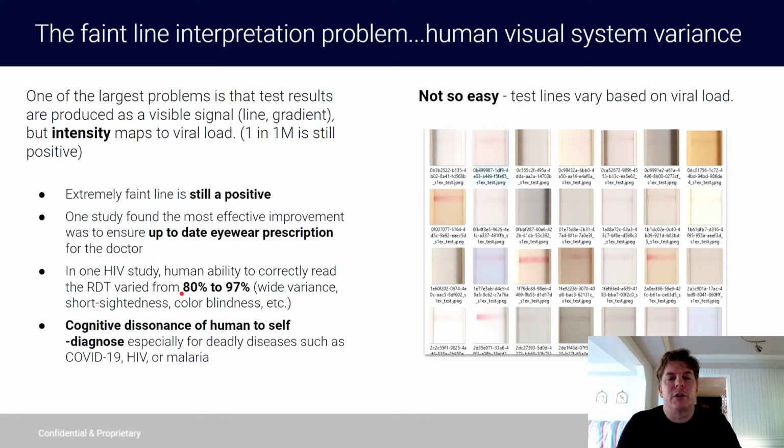That wide variance is a result of many potential things, like short-sightedness and color blindness. The other thing that I mentioned is cognitive dissonance in terms of a person self-diagnosing, especially for a deadly disease like COVID or HIV or malaria. You psychologically don't want to see that line.